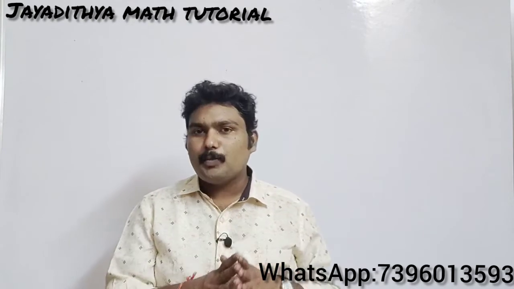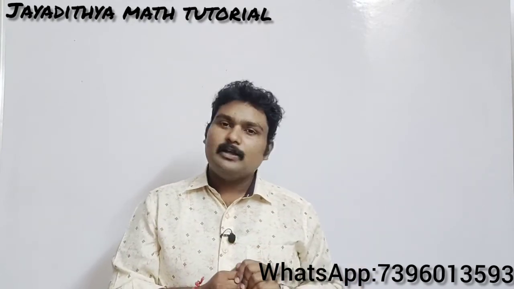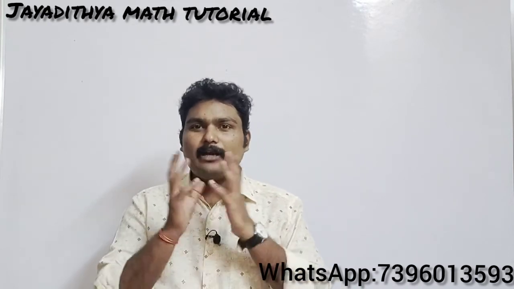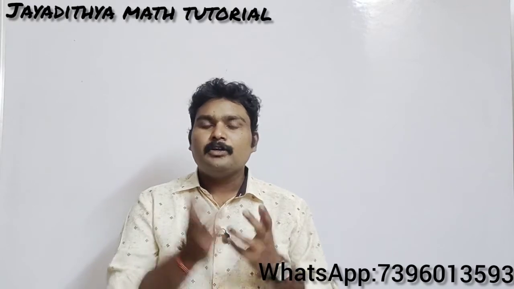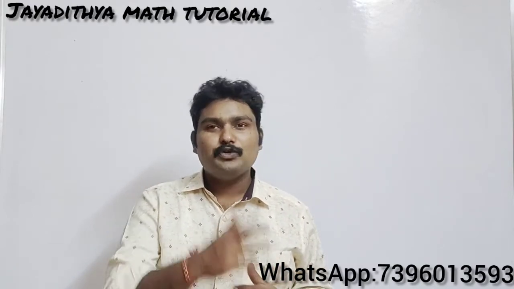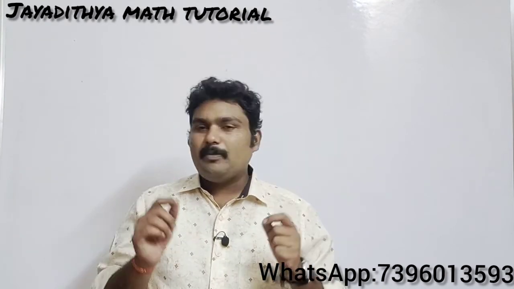Mainly focus on the model, not on the problem. Why? Because you will not get a direct problem from the textbook. Clear? So for that reason, you should practice the model and how the question is asked. You should focus there, and what figures we are taking, how we are taking the triangles, how we are using the parallelograms. So you should understand in that manner, and you should also keep in mind the statements.